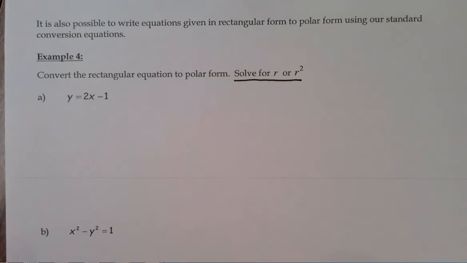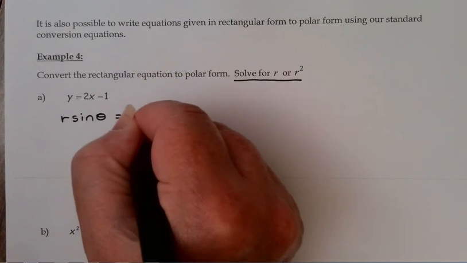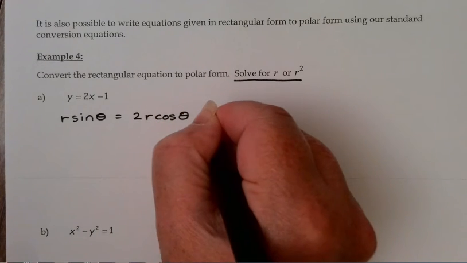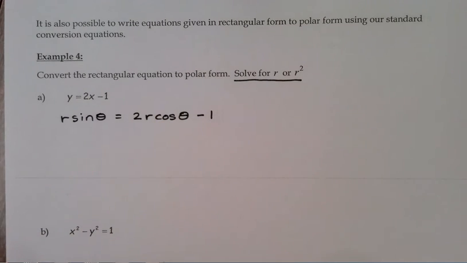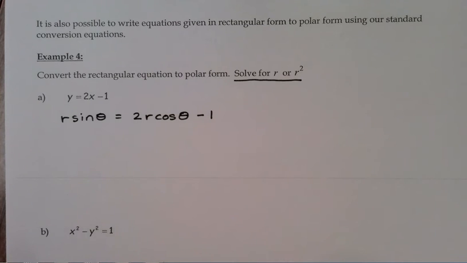All right, usually the simplest, most straightforward thing I can do with these is to literally replace y with r sine theta and x with r cosine theta. So that's what I'll do here. That'll give me r sine theta equals 2r cosine theta minus 1. If I'm going to solve for r, I will definitely need to, at the very least, get all of the r's on the same side of the equation.